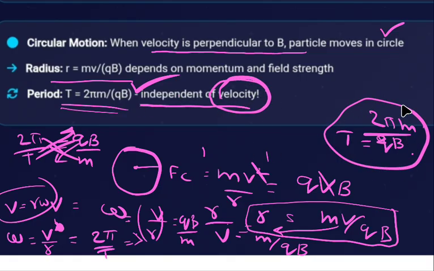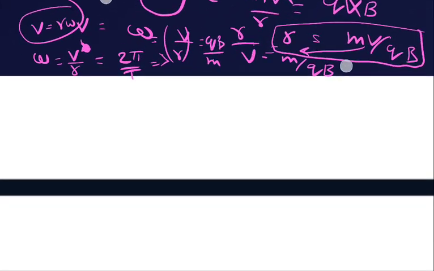In this formula v is not there, so it is independent of velocity. In this context we can say one thing. If I throw two charges, one at lesser velocity, another at greater velocity, then both will take the same time to reach this point again.